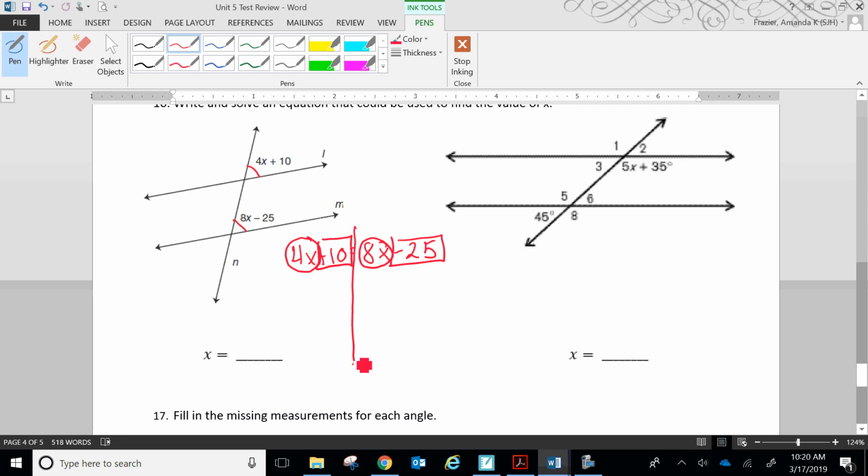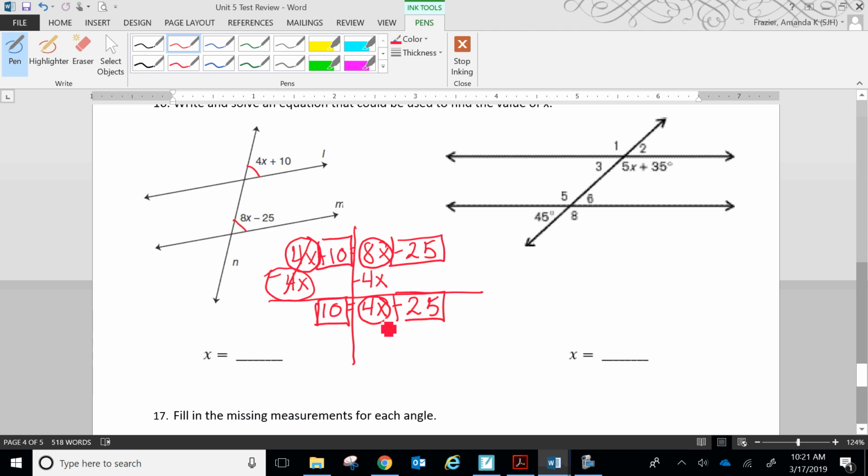First I want to get x on one side. So I'm going to add the opposite, minus 4x, to get rid of 4x on this side. I have to keep it balanced, so I add minus 4x on the other side. So I have 10 equals 4x minus 25. Then I'm going to circle my variable, my x, and put squares around my constant.